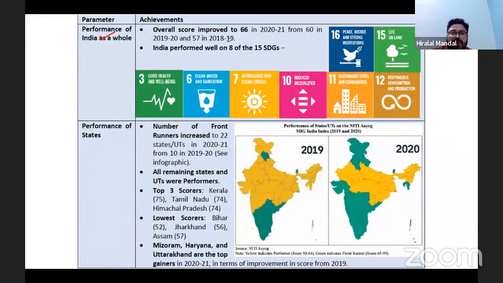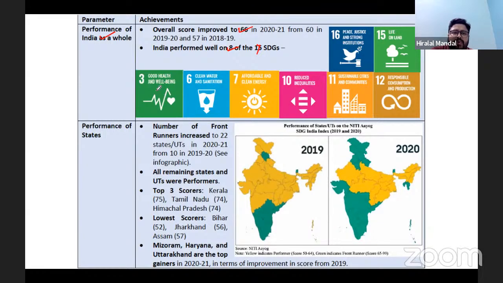India's performance is good, and it stands at 66, which is an improvement from the years 2018 and 19. The performance of India has been good on 8 of the 15 sustainable development goals; overall, there are 17 sustainable development goals. So what are those?